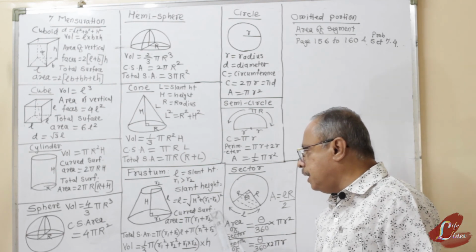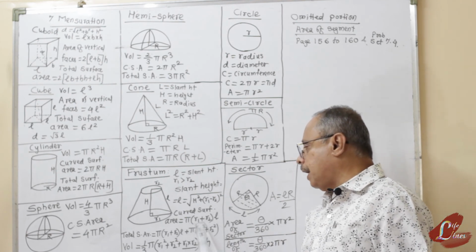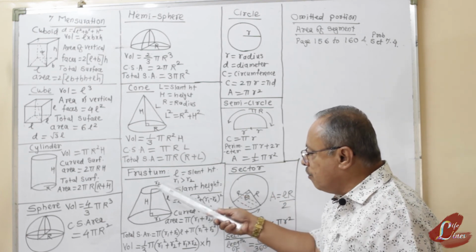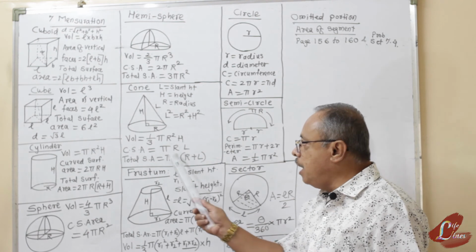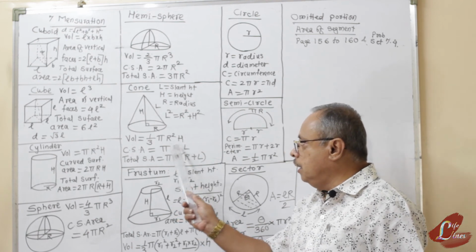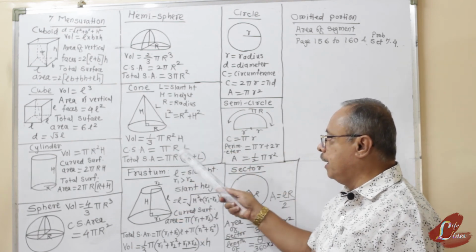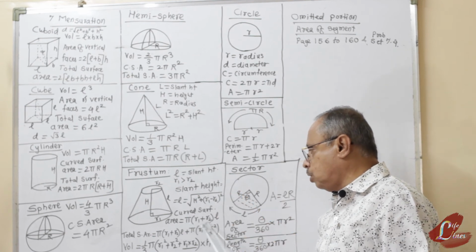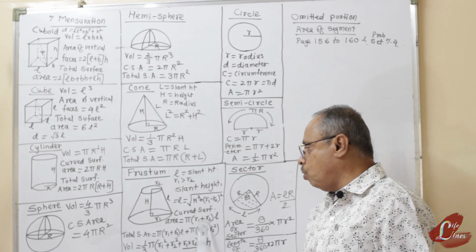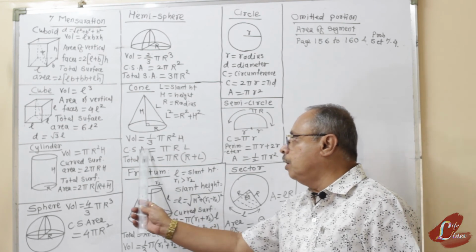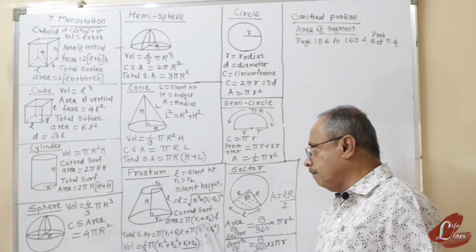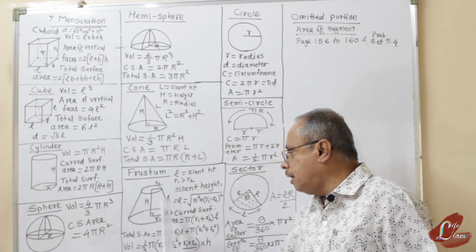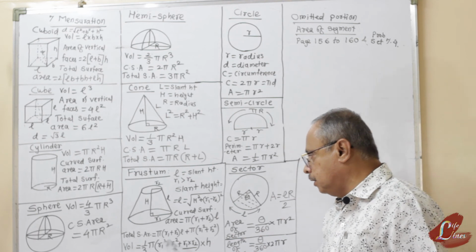Curved surface area is pi into bracket r1 plus r2 into L. To find the frustum's formulae, we have to substitute r1 and r2 in place of r in the cone formulae. If you substitute r1 plus r2, you will get the curved surface area. If you substitute r1 plus r2 in total surface area, you will get this formula.